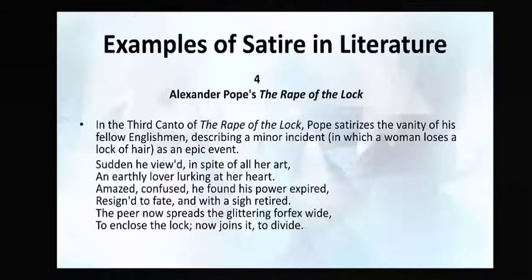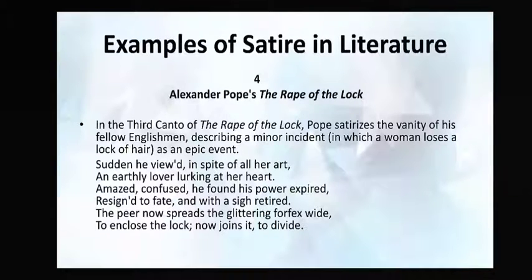Now, here what Pope is doing is alluding to a real life episode in which Robert Petre stole a lock of hair from his love interest Arabella. And Pope has successfully satirized the minor event by inflating its importance to such an epic proportion. He makes reference to sylphs, which are mythological creatures which intervene in moments of crisis. He also overstates the male lover's frustration and the extent to which fate played a role in the incident.